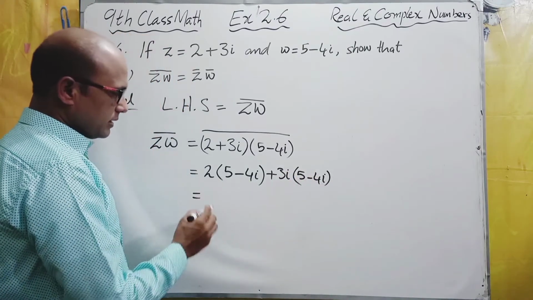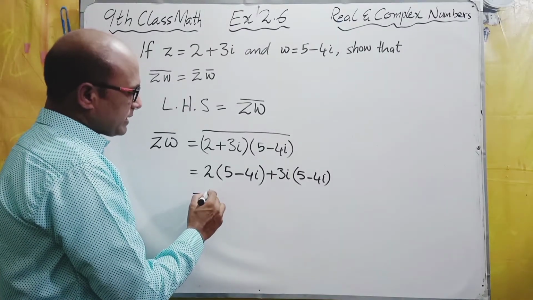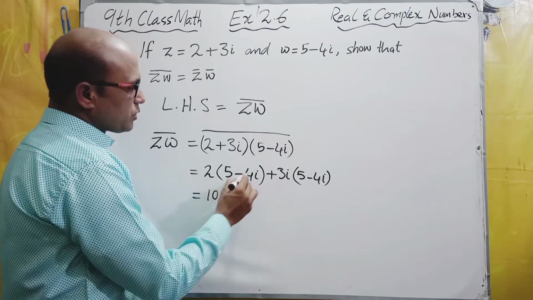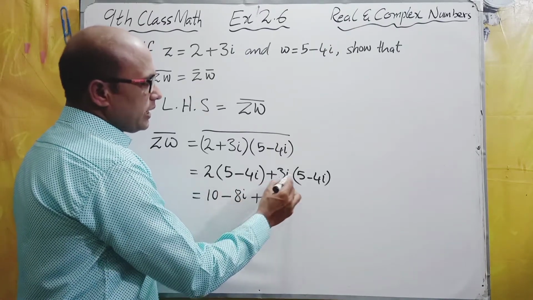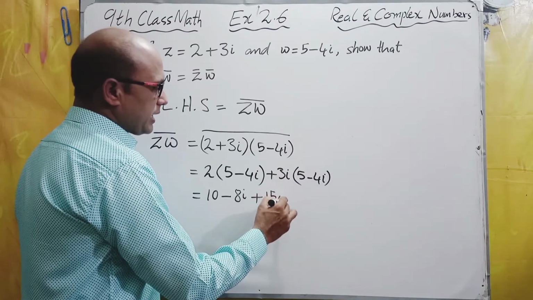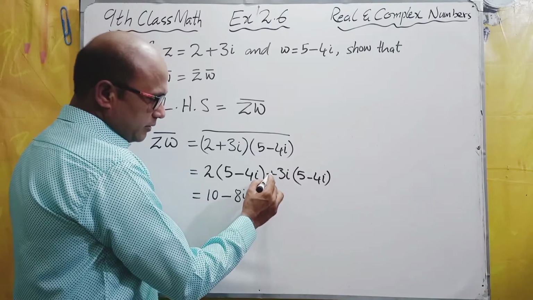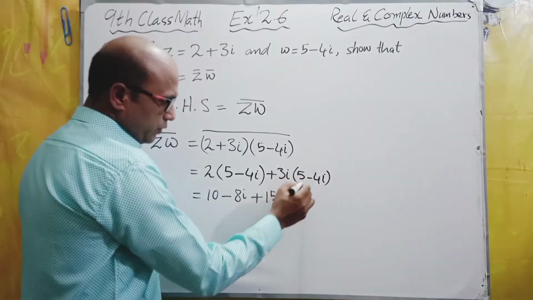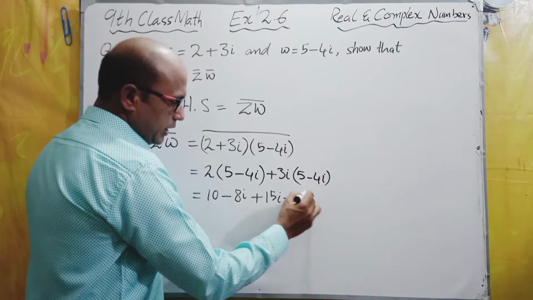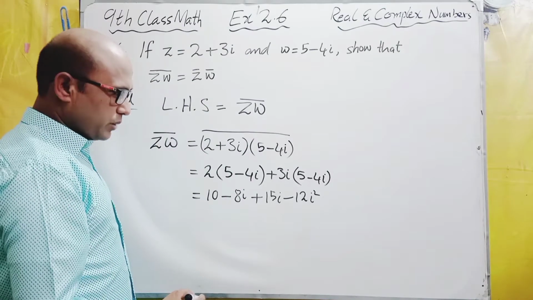So students, now one by one we'll multiply it. 2 5s are 10, minus 2 4s are 8 iota, plus 3 5s are 15 iota, and 3 4s are, plus minus will be minus, 3 4s are 12 iota into iota will become iota square.